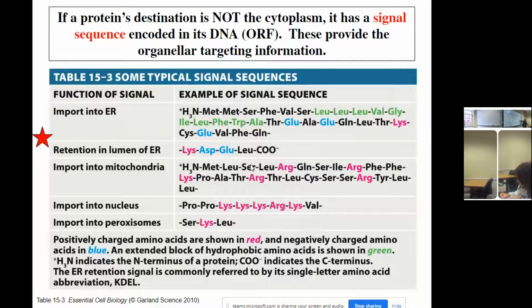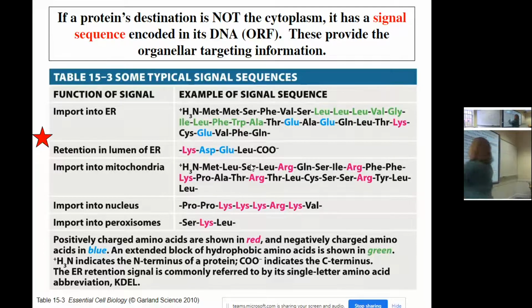The point of this chart is not to memorize what the signal sequences are, but to show the variety of what they can be. Some of them are N-terminal tags, and those would come out of the ribosome and fold first as the first part of the protein that's made.